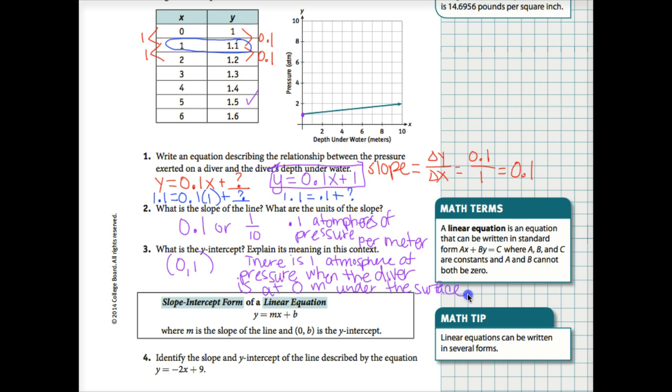So basically, when the diver's just right on top of the water, before they even go under to dive, there's 1 atmosphere of pressure there.